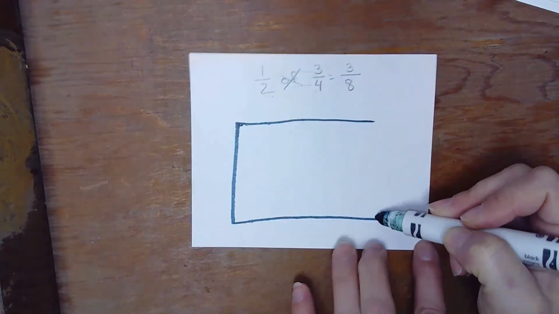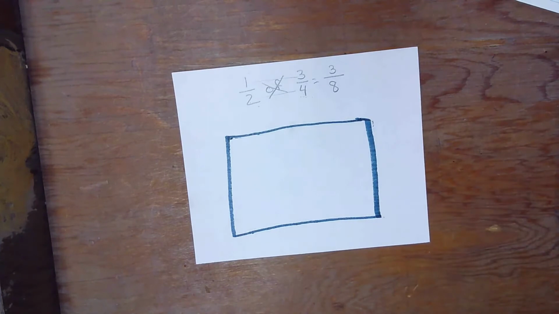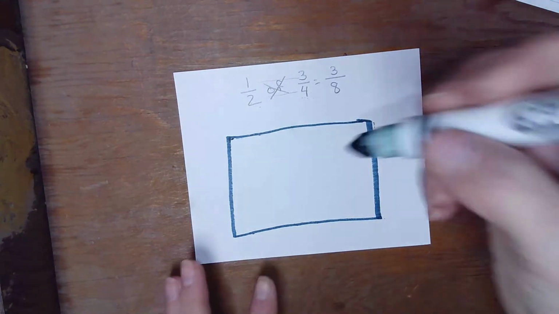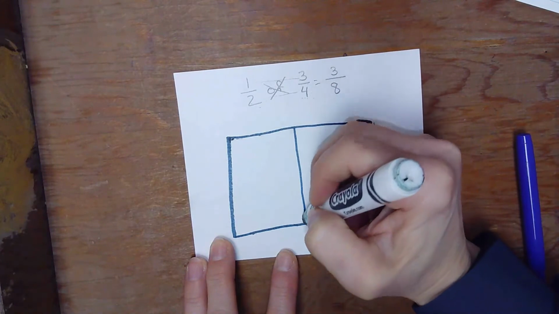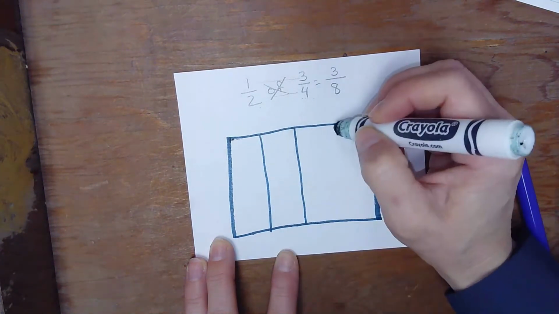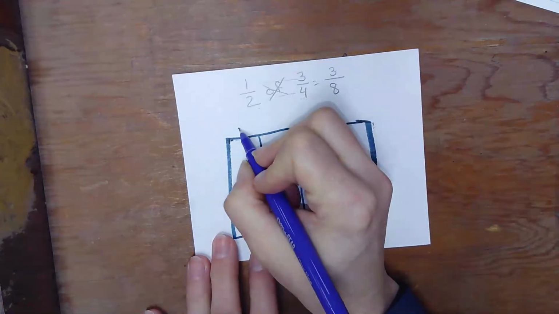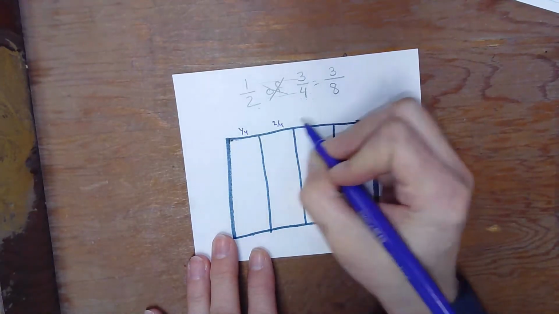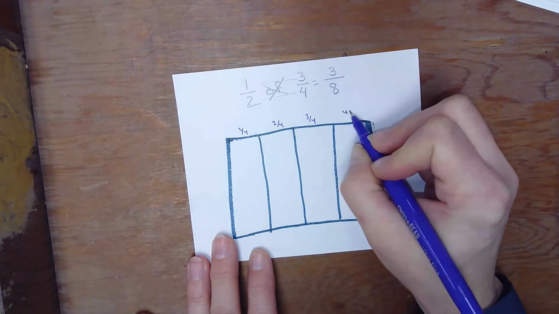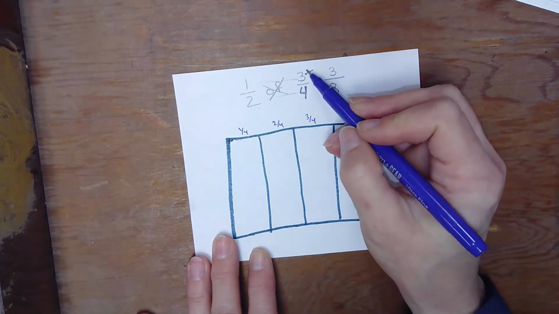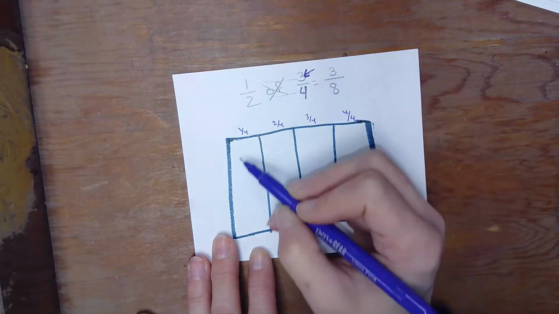Well, here's my entire thing. First, I need to find 3/4. All right, well, fourths means I need to split it into 4 equal pieces. Now that they're there, you can see 1/4, 2/4, 3/4, 4/4. So there are my fourths. I need to take 3 of those 4.